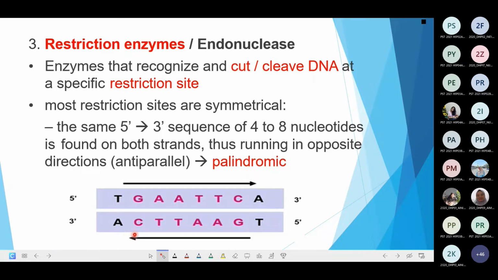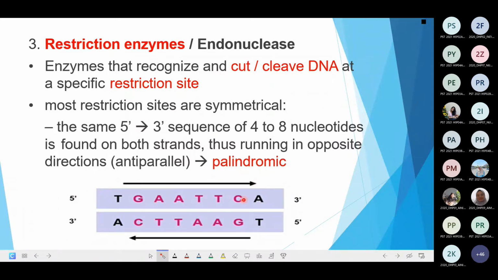Okay, basically, when we read the sequence of the bases, normally the direction will be from the 5' end to the 3' end. So palindromic here shows this condition in which you can notice that the reading will be the same, but in opposite direction, and that is palindromic.